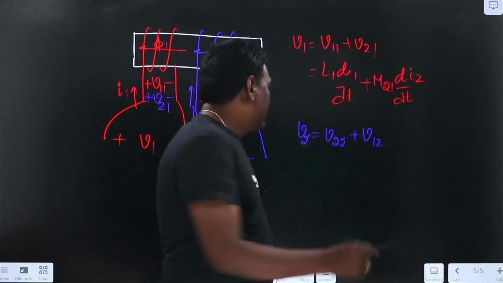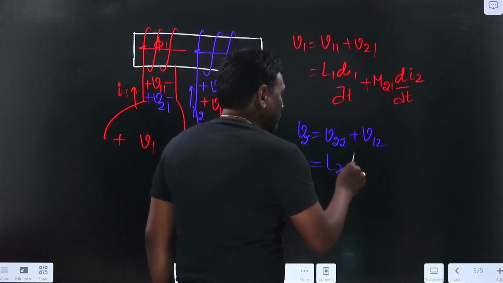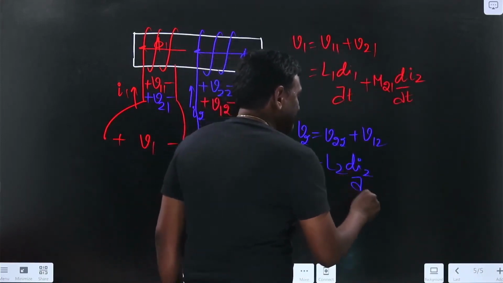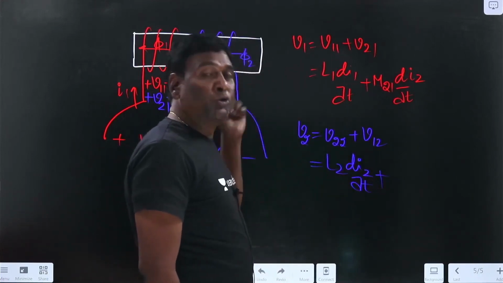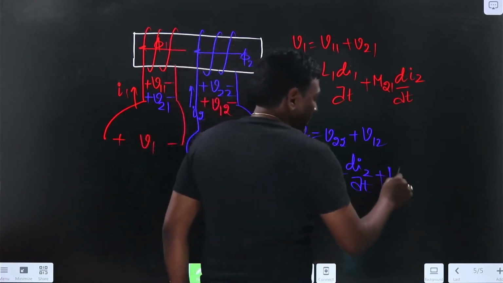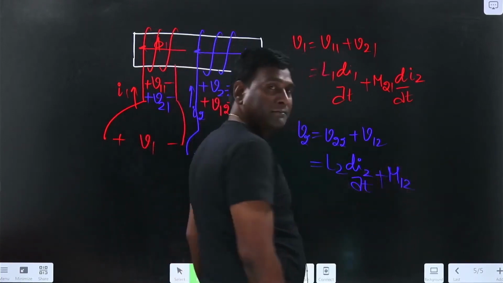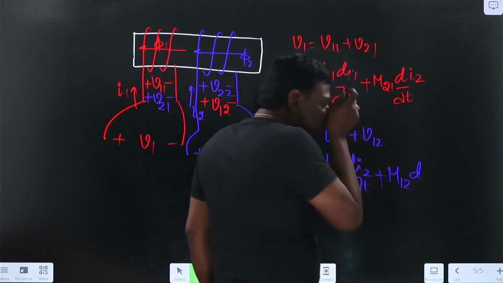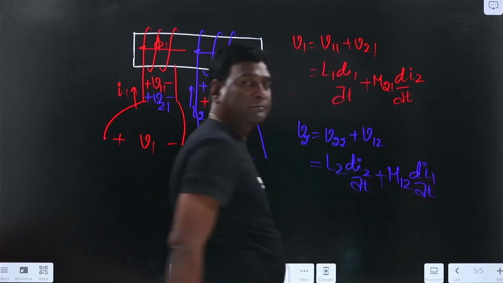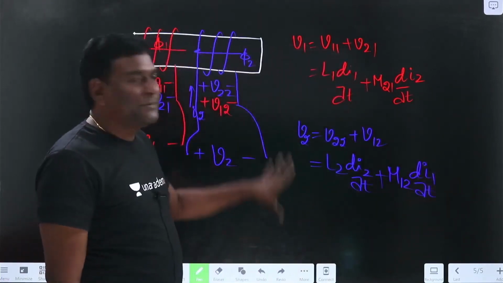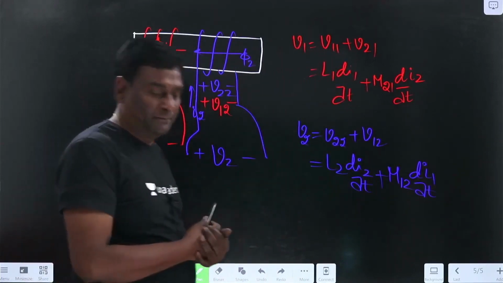Now this V22 self is going to be L2 by its own di2 by dt, plus because of the first coil, induced voltage in second, M into di1 by dt. Now, in this way equations we are going to form.